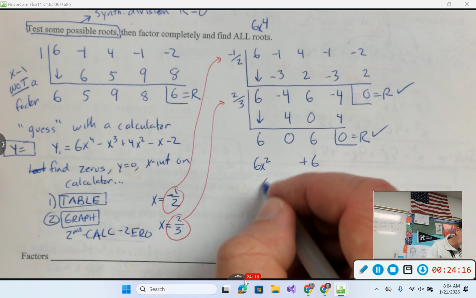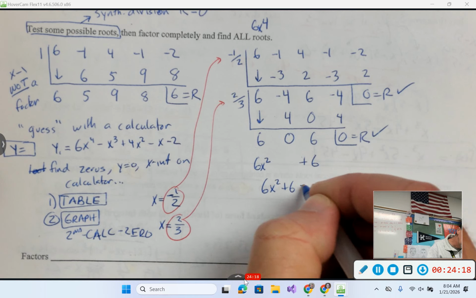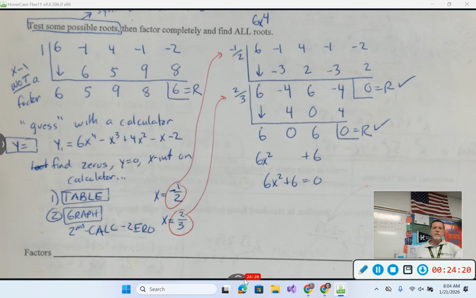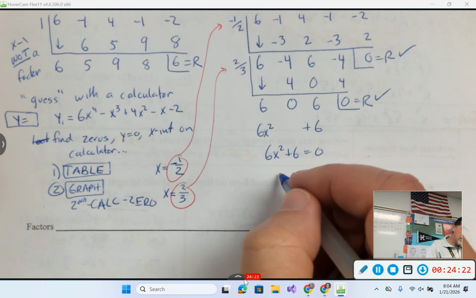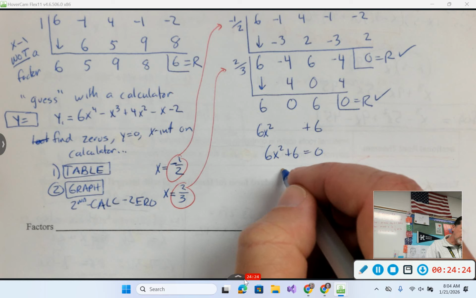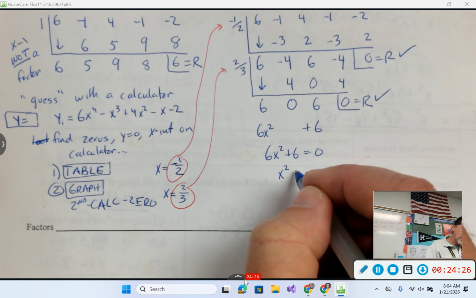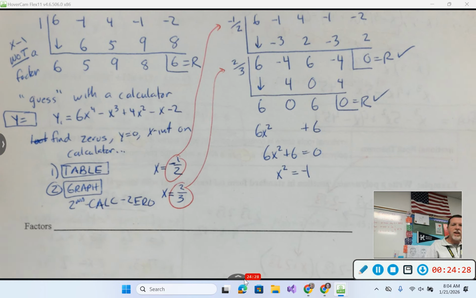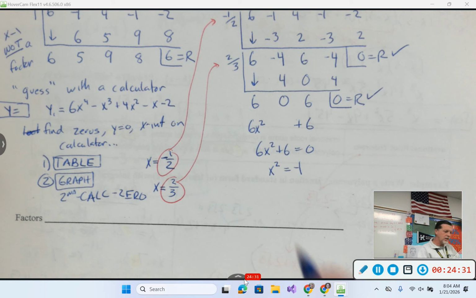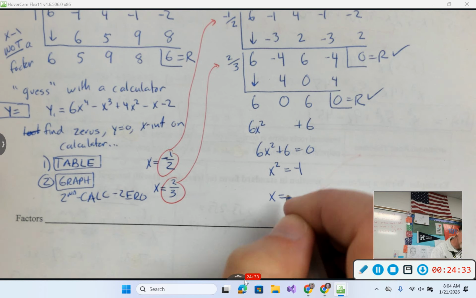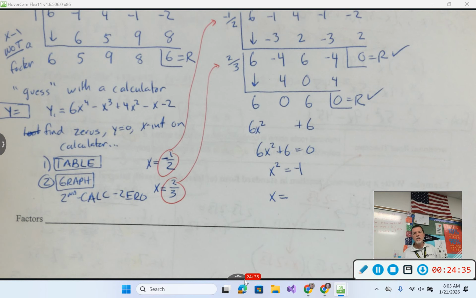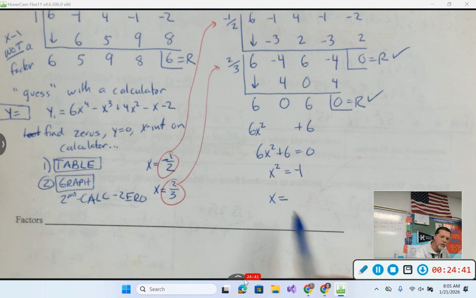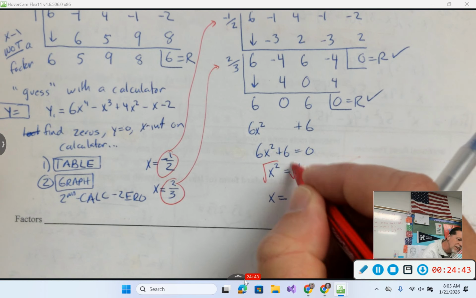Let's set that thing equal to 0. Let's see, if I subtract 6 and divide by 6, I get x squared equals negative 1. So what are my zeros then if I square root both sides?